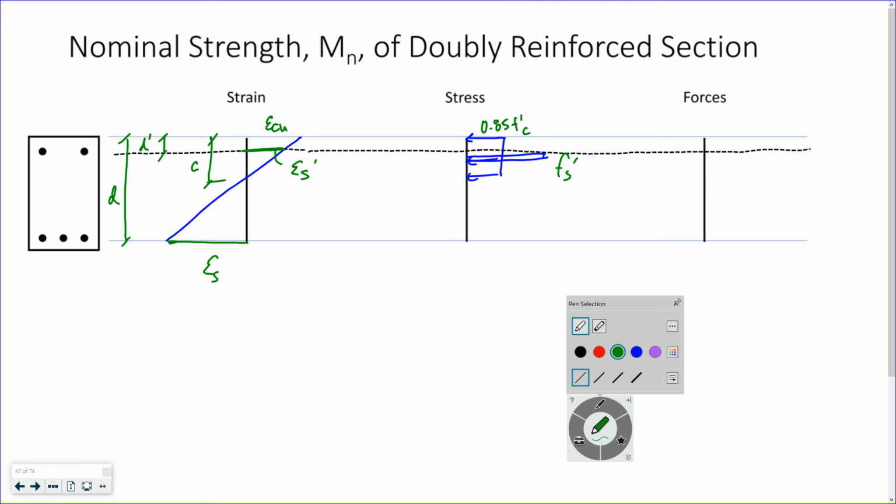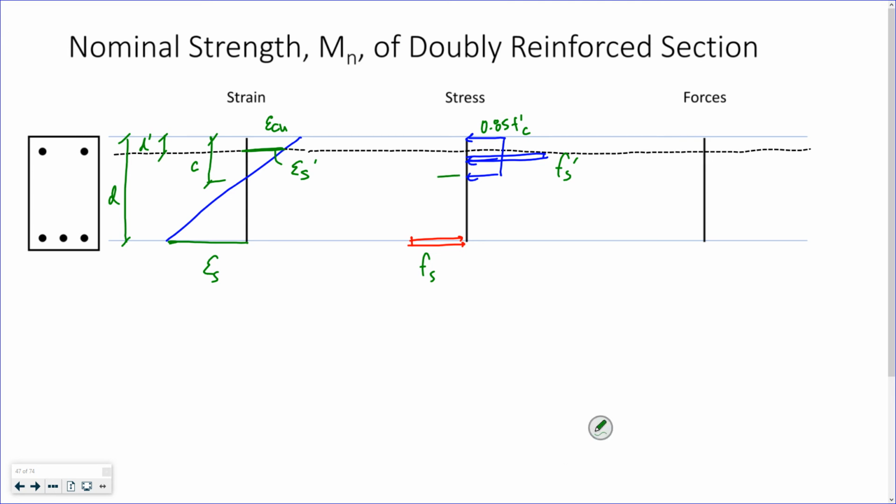It's based off of that epsilon_s prime. It's a compression force. And I've got stress in my tensile reinforcement. This value a is equal to beta 1 c.